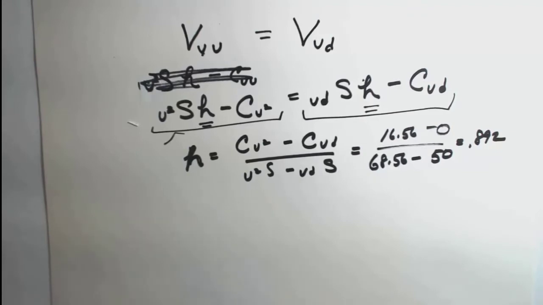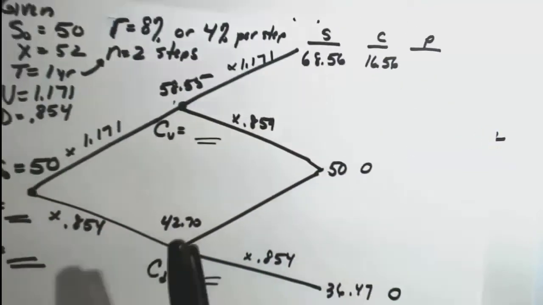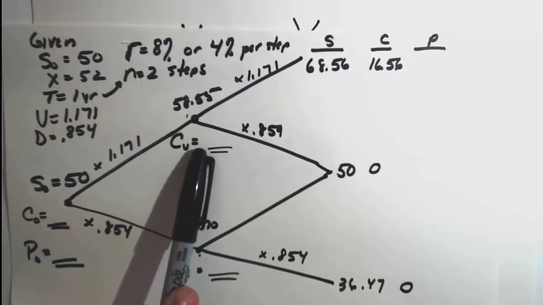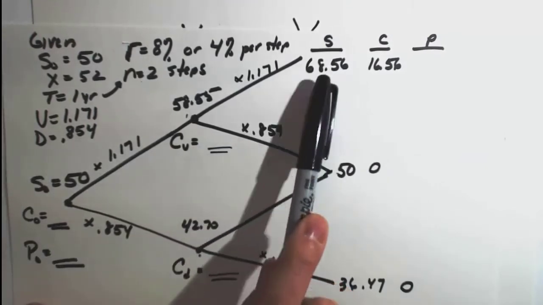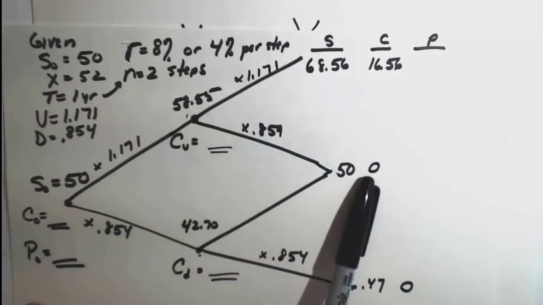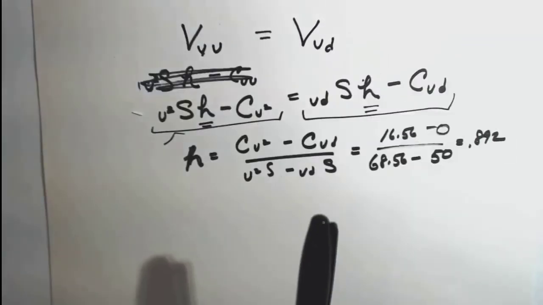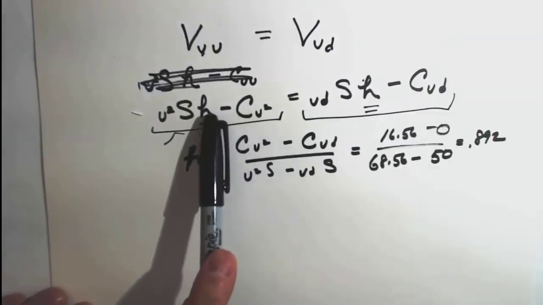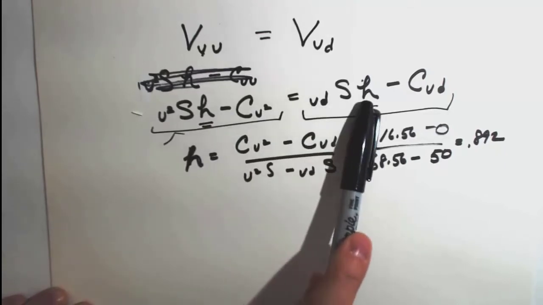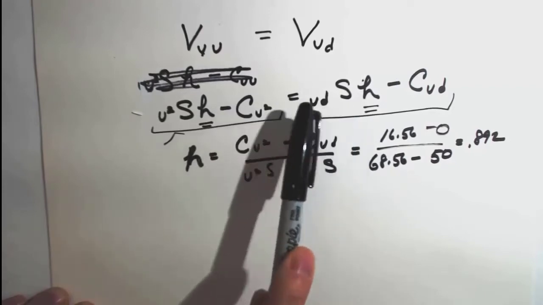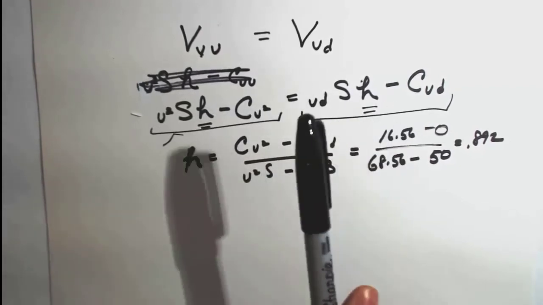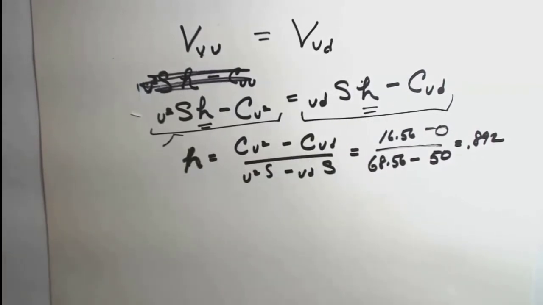We're forming the portfolio right at this point. And so it's riskless, meaning it doesn't matter if we go up or down, because they're both equal. So if they're both equal, there's no risk involved.